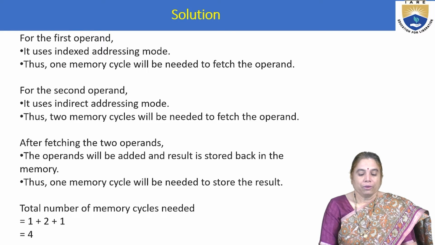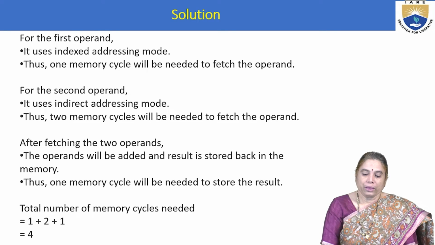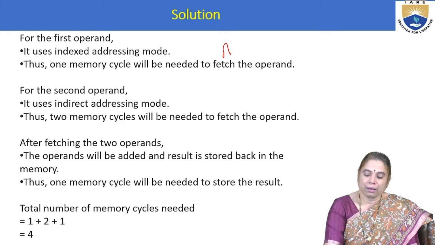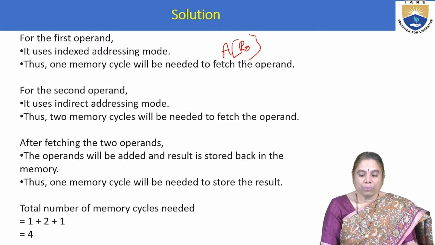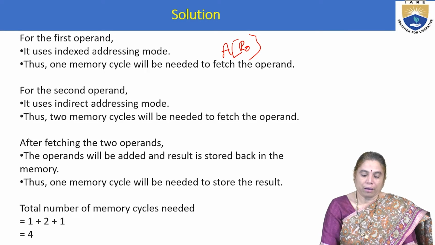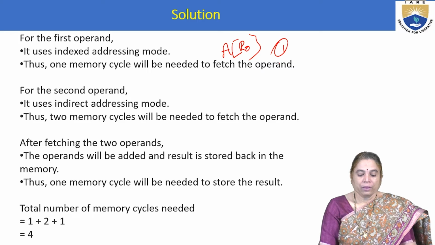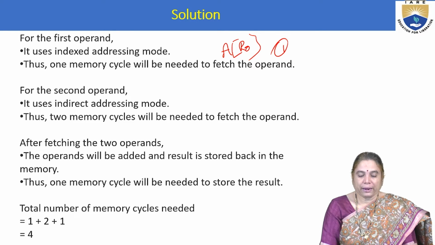So here we have to first fetch the operand. It uses indexed addressing mode, so A with R0 within the square brackets is specified. So the memory cycle is used to fetch the operand. It requires one memory cycle. For fetching the second operand, it uses indirect addressing mode.